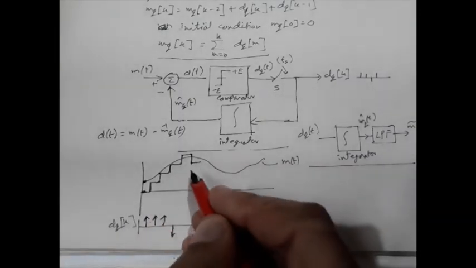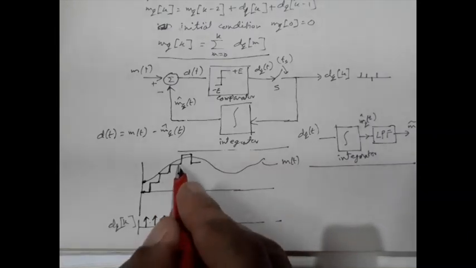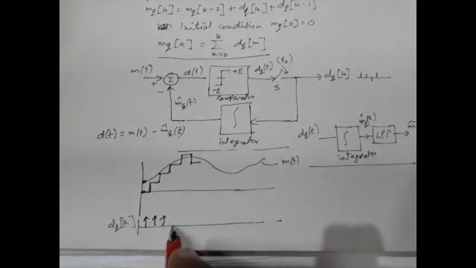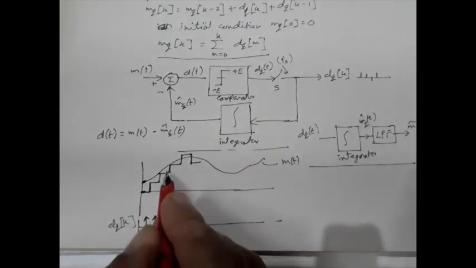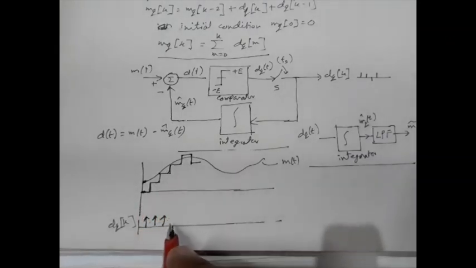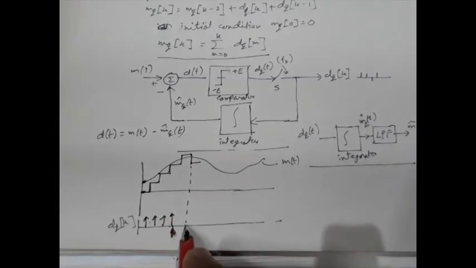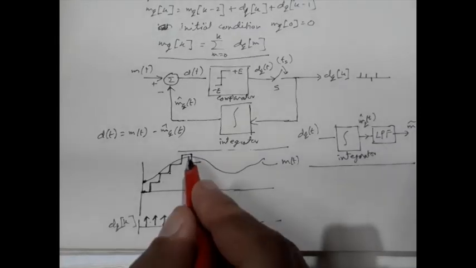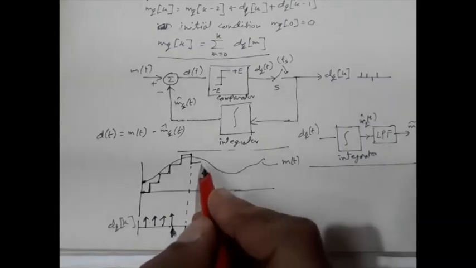So in this way, here actually this one will be a positive voltage, 1 2 3 4, this one will be positive, and here we have the negative. At this point we have the negative voltage.